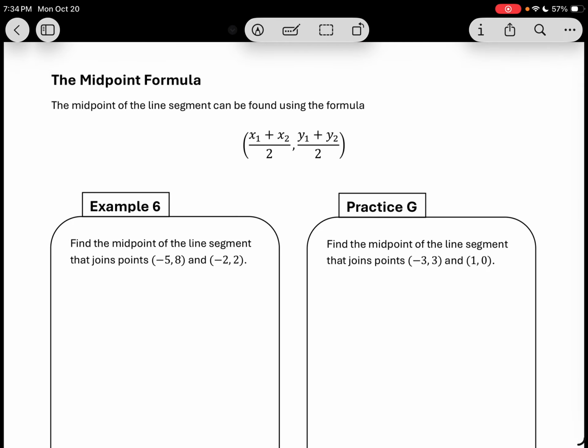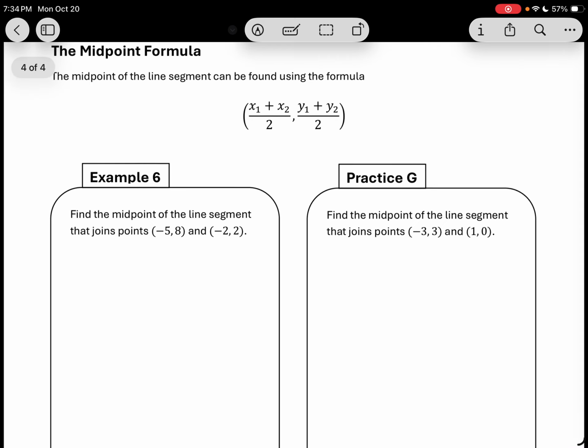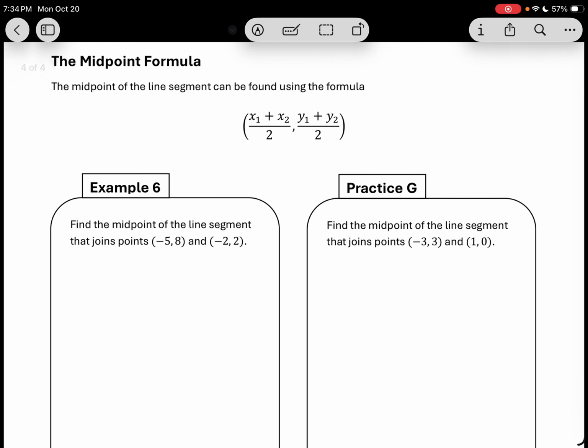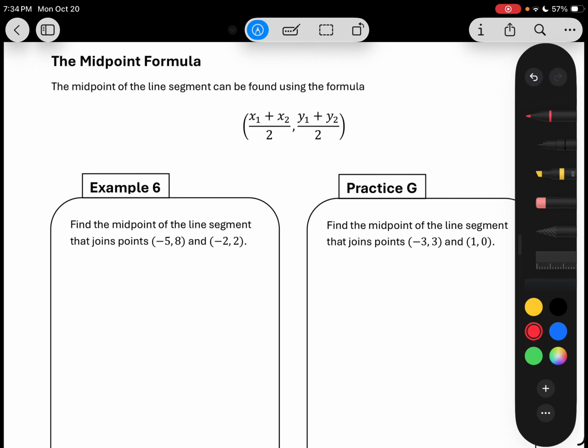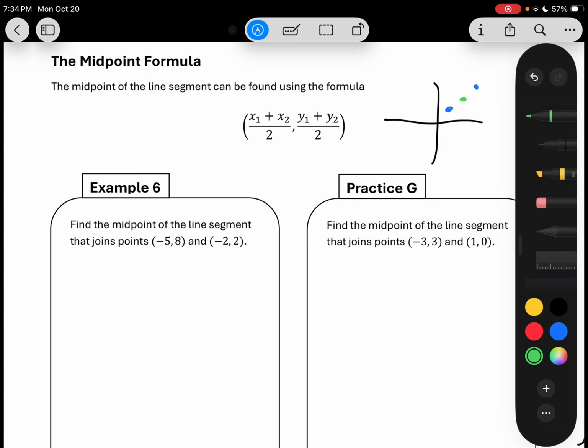And the last page, if we take a look at the midpoint formula, so this is also talking about 2 points on a coordinate plane. So if we've got 2 points on here, then the midpoint would be asking for the exact point in between those 2 points if you were to draw a line segment between them.